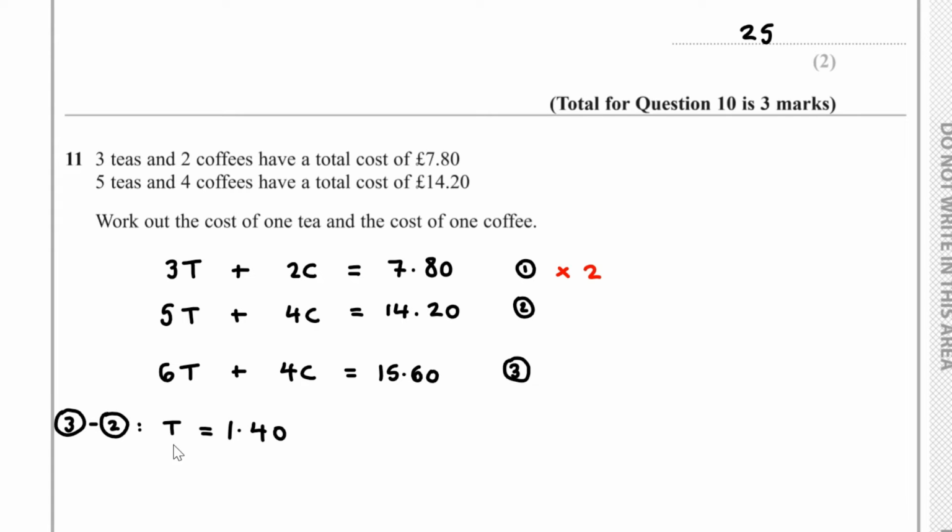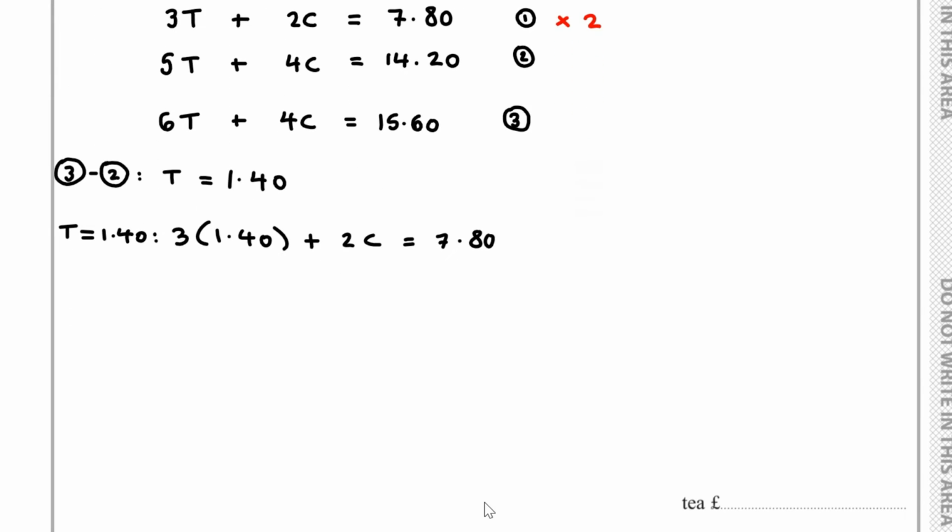And therefore, if we substitute this into either equation, for example equation 1, when t equals 140, we've got 3 lots of 140 plus 2c equals 780. So 3 times 140 is 420.